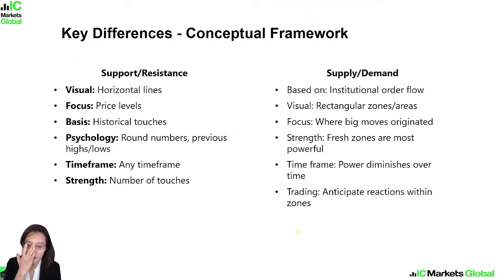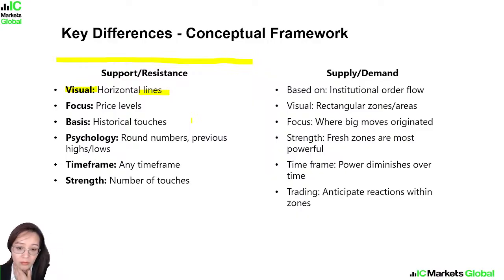Now we're going to talk about the key differences between support, resistance, supply, and demand. So basically, support and resistance is a horizontal line, just one straight line, and then you call it support or resistance. They focus on the price level, historical touches, like multiple touches on the level, or it could be a psychological number, round numbers ending with 0 or 5.